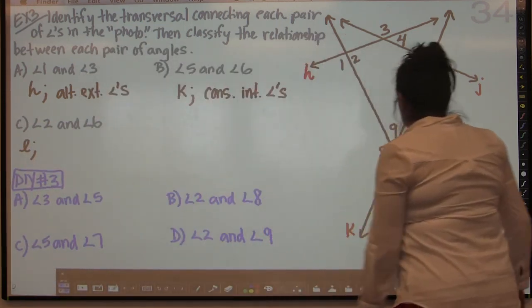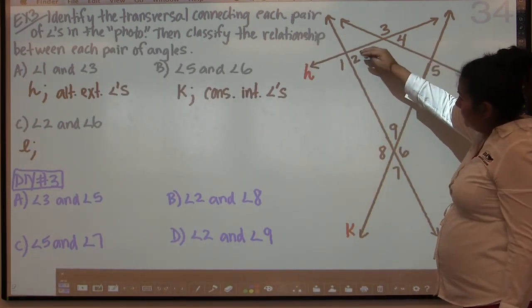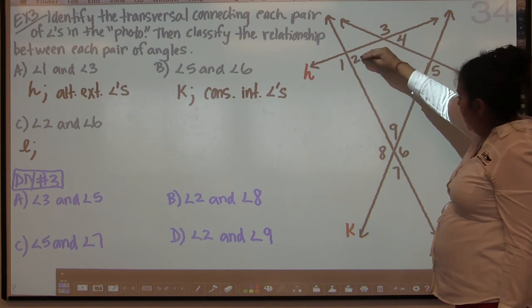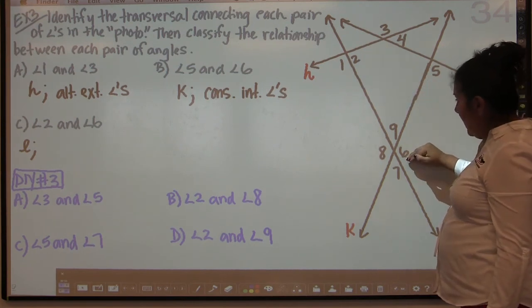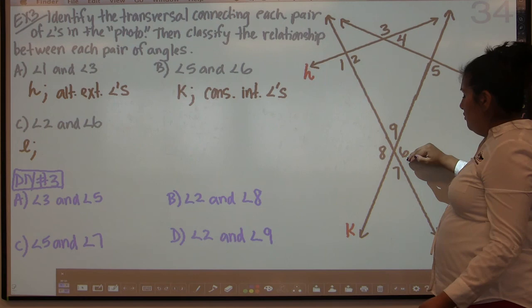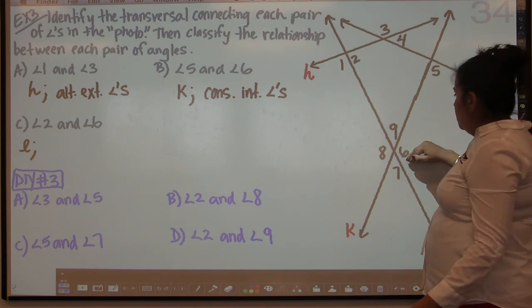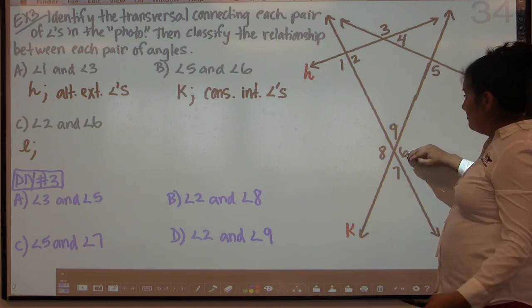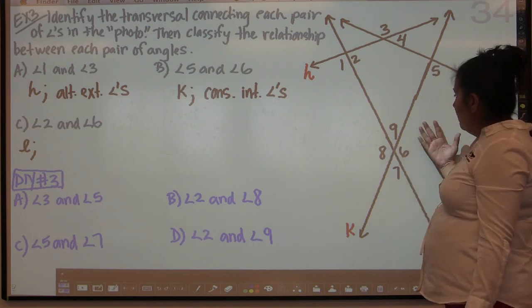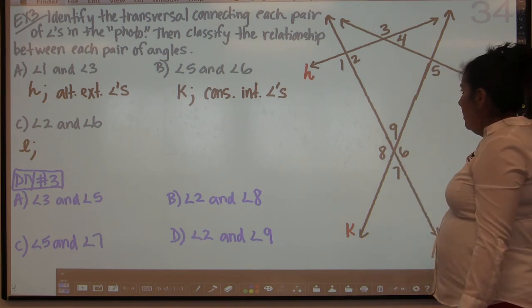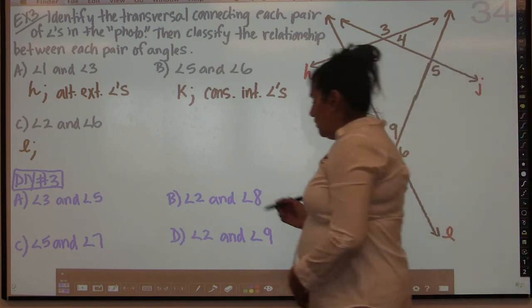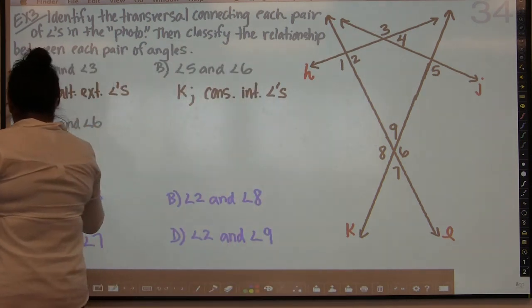And then 2 and 6: 2 is below line H, 6 is below line K. So they're on the same side of their respective lines, and they're both on the same side of the transversal L. So angle 2 and angle 6 would be corresponding angles.